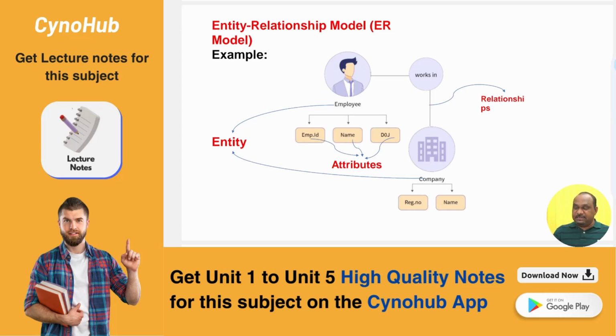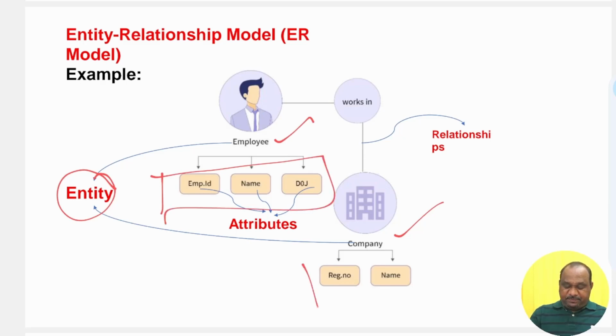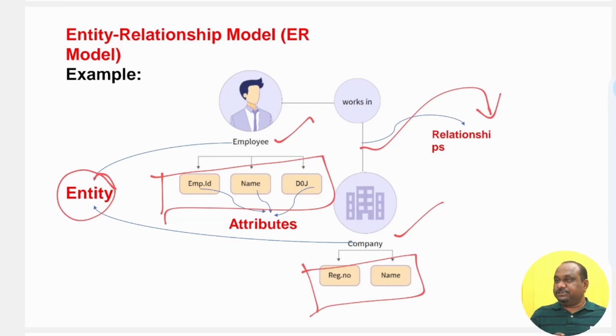From this, you can easily tell these two are entities, these are attributes, and this is called the relationship. This is a simple understanding for every employee or developer of that particular company database.